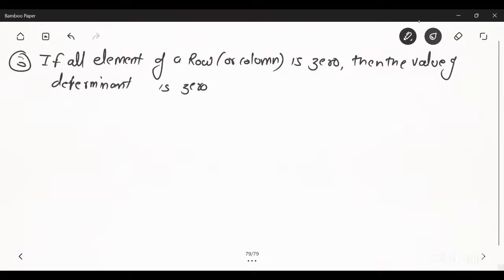Means if in either a row or a column all the elements become 0, then the value of the determinant becomes 0.